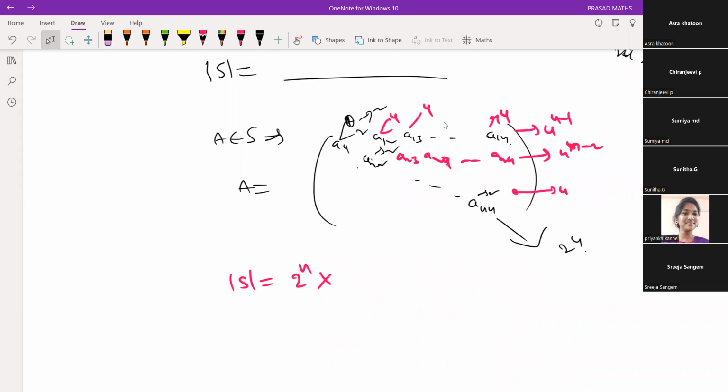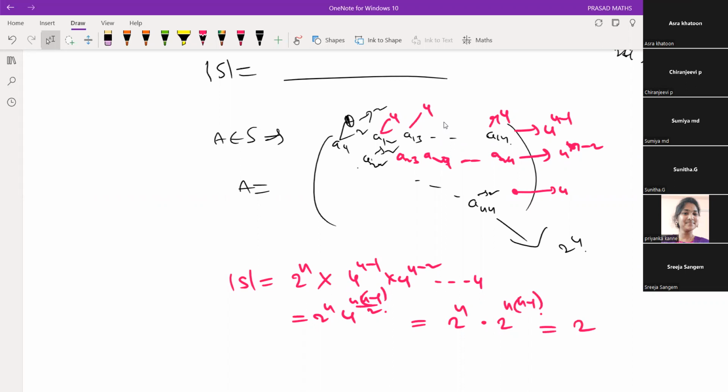The diagonal entries give 2 power n, and the rest give 4 power n minus 1, 4 power n minus 2, and so on. Therefore 2 power n into 4 power n(n minus 1)/2. This is 2 power n into 2 power n(n minus 1), that is 2 power n square minus n plus n, which means 2 power n square. Is it clear? Yes, sir.